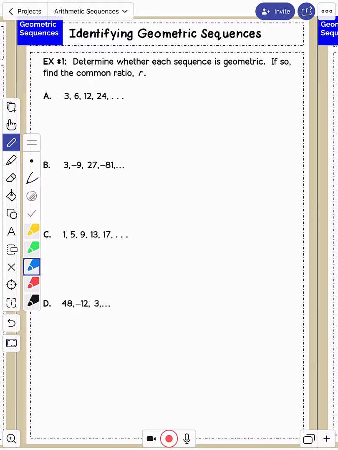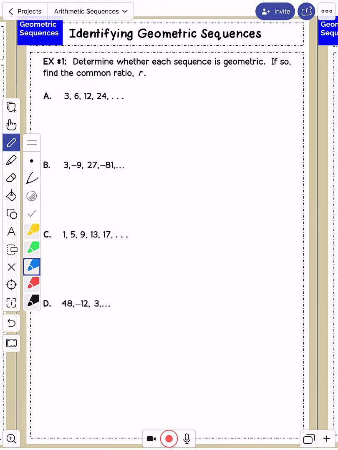And you might do the same thing here. You might say, okay, well, 3 to 6 is a plus 3. But then if I try to add plus 3, I don't get to 12, so that didn't work. So I'm going to check and see multiplying. So what times 3 is equal to 6? That's a times 2. What times 6 is 12? That's a times 2. And what times 12 is 24 is a times 2. So that's good. Now those of you who are going to use your calculator, you actually can do that easily.